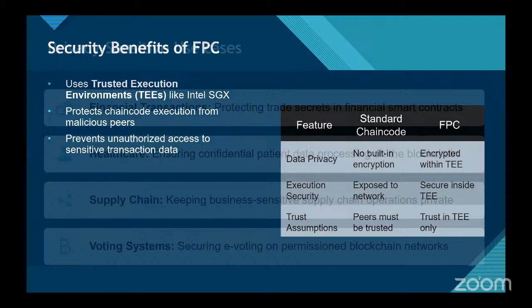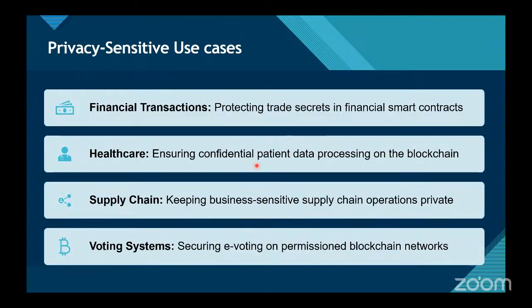Applications for this can be any privacy-sensitive or data-sensitive use cases for financial transactions, for healthcare, for supply chain, and more importantly, for voting systems, like securing e-voting, where there is an undeniable need for permissioned blockchain networks because you need to be able to verify which one have voted for each candidate, etc.